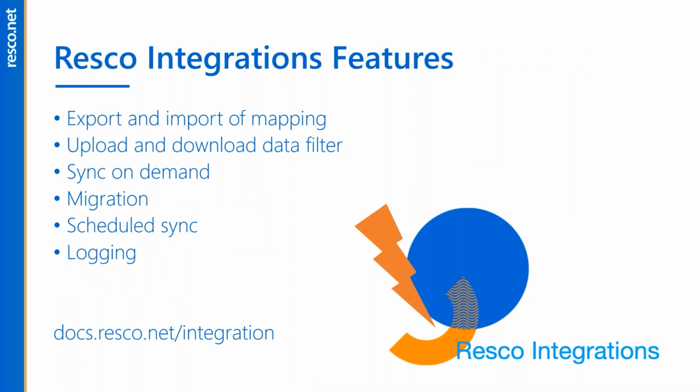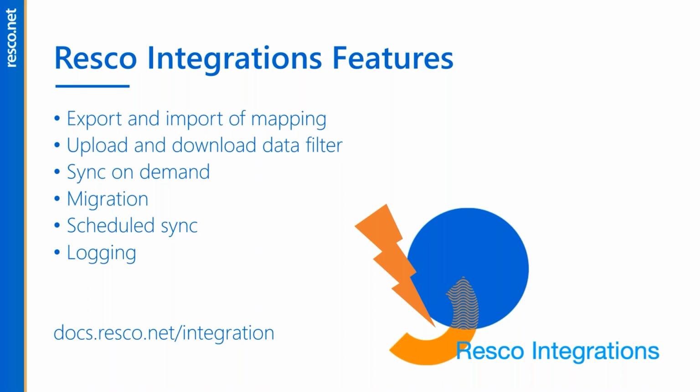Here I have some updates regarding the features of the integration, to understand what you can do with this tool which we delivered. First, export and import of the mapping. If you would like to save time and you have a really similar integration project, you can export the whole setup of the integration to a zip archive, and then import it to another Resco instance or organization.